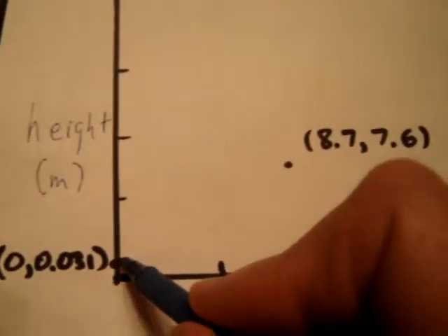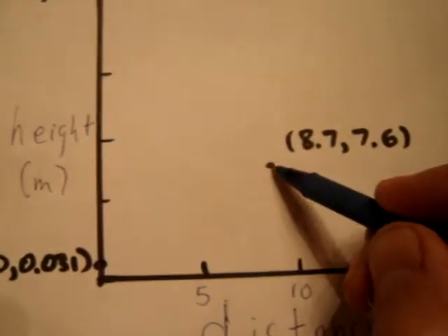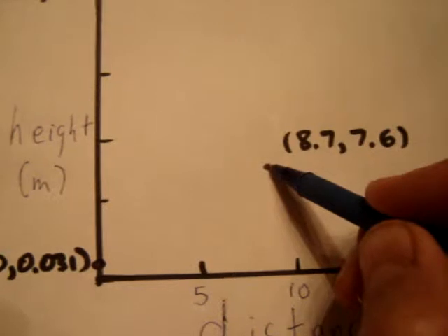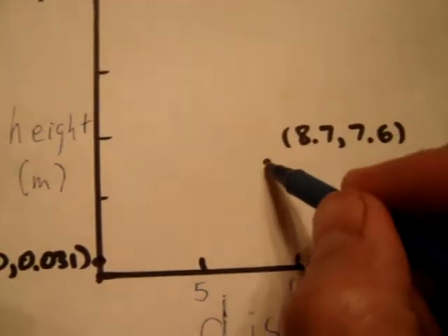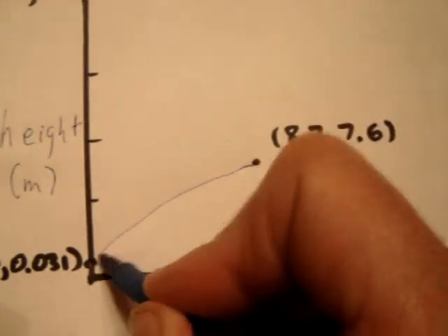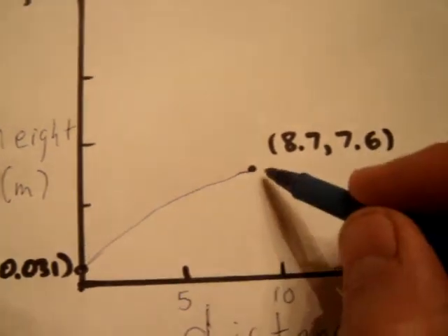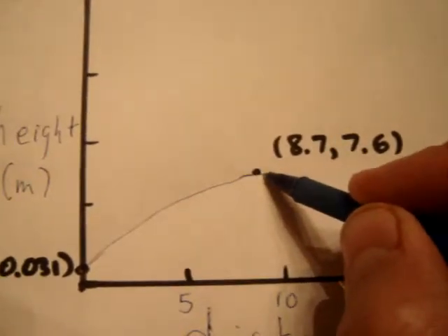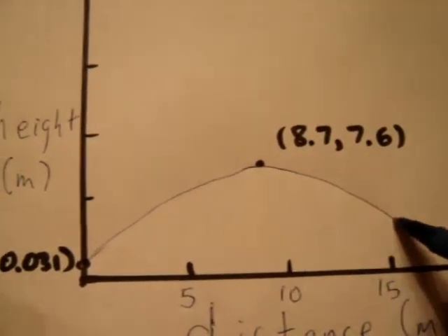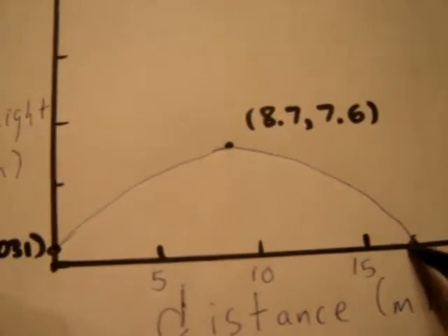And we notice our initial height and our initial distance, and we notice that we get to a vertex of (8.7, 7.6). So using a little bit of common sense, we can connect that this way, and then our parabola has to continue going the other way down to here until eventually the football hits the ground.